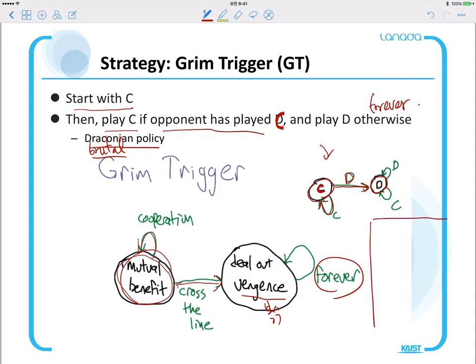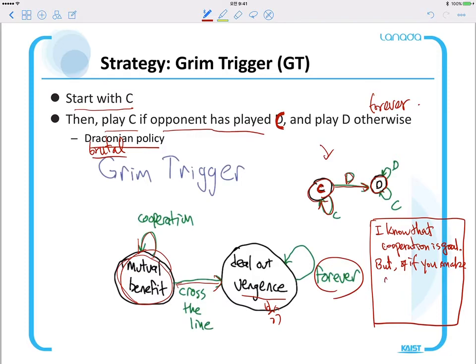So what is the philosophy of the Grim trigger policy? In some sense, well, I know that cooperation is good, but if you make a choice that is bad to me, then I'm going to revenge forever.